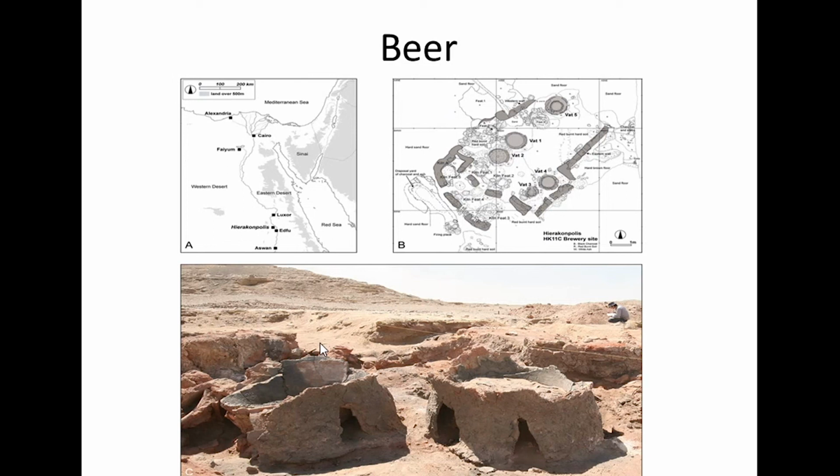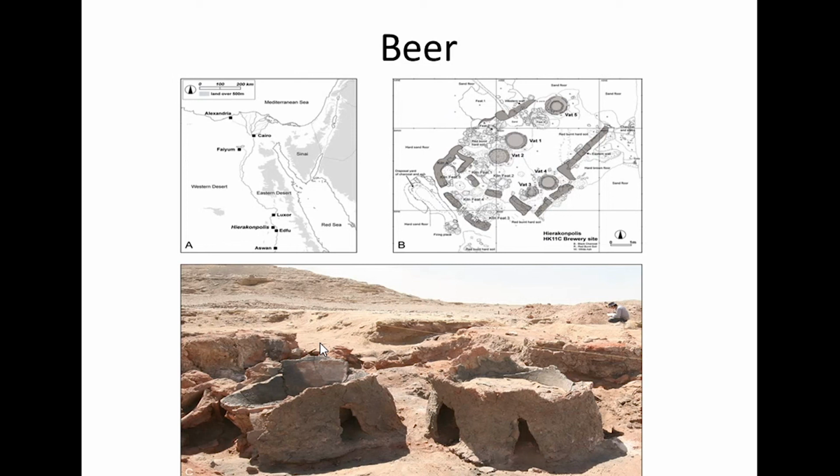This is currently, and that may have actually changed because just in the last few weeks, the Egyptian Ministry of Antiquities have announced the discovery of another brewery, which might actually be older than this one. This one's dated to around about 3600 BC, and when it was excavated, was the world's oldest installation for large-scale beer production.